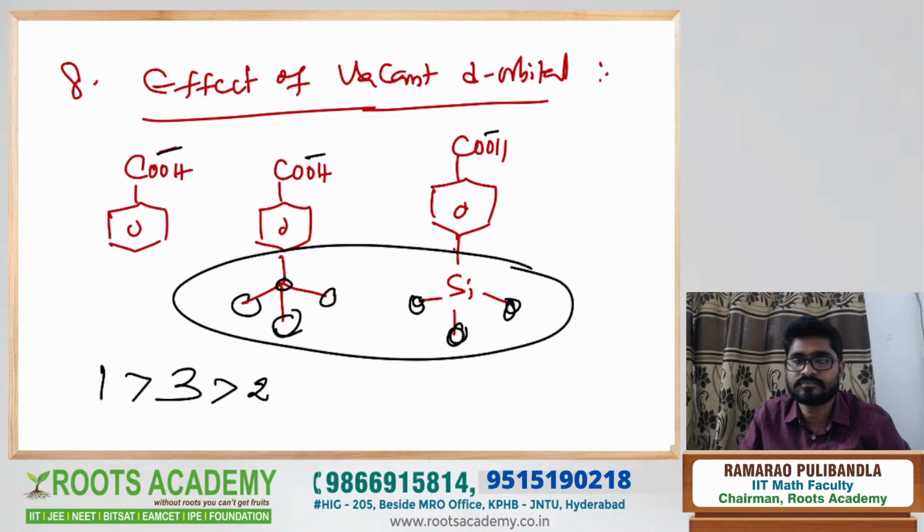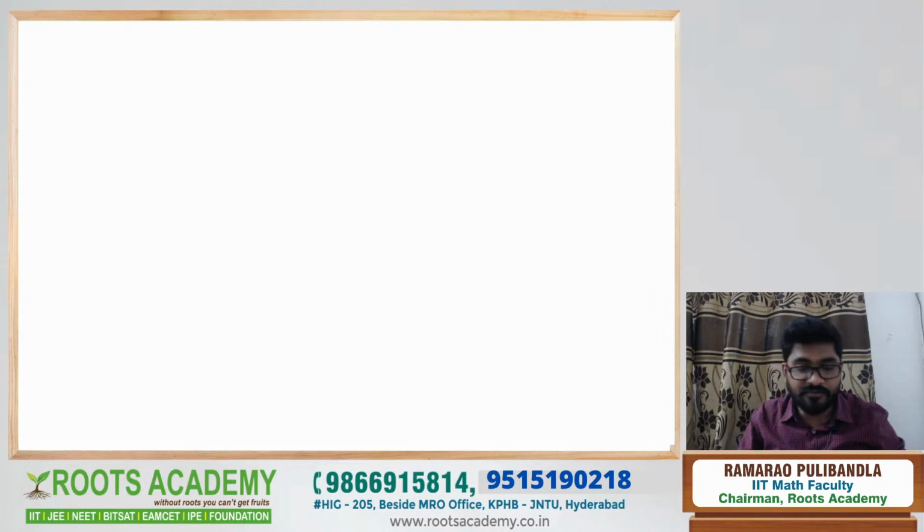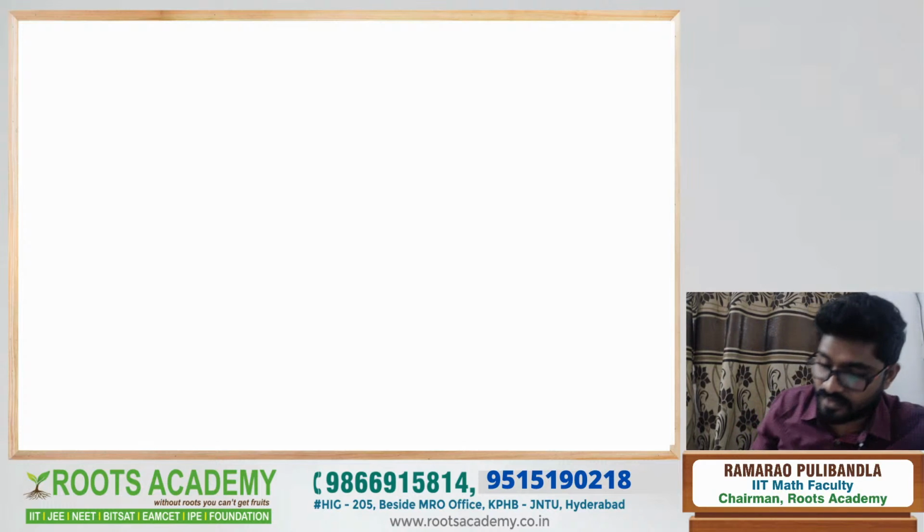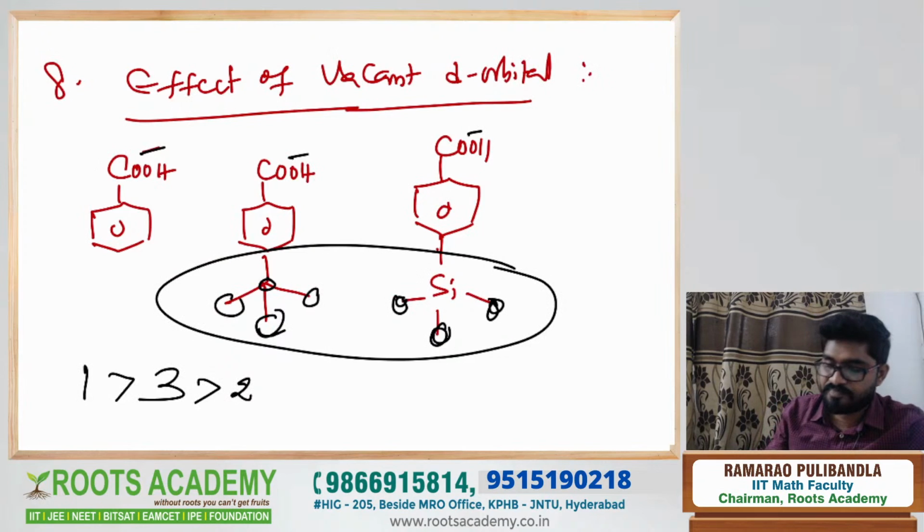Clear? Yes, Manjari, good. Now I am giving one more example. You just try to decide. Yeah, see there, Vani. These two are donating groups for B and C. The donation capability of methyl groups decreases by the vacant d orbital of silicon.